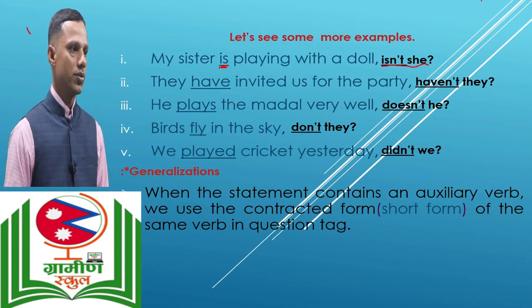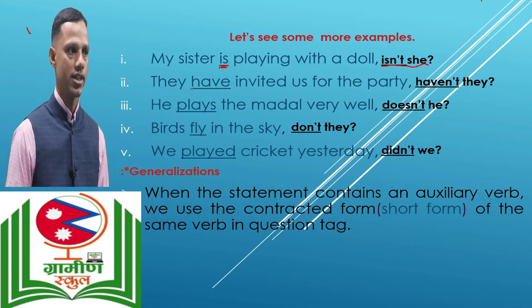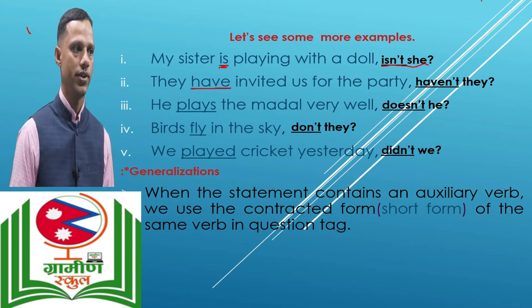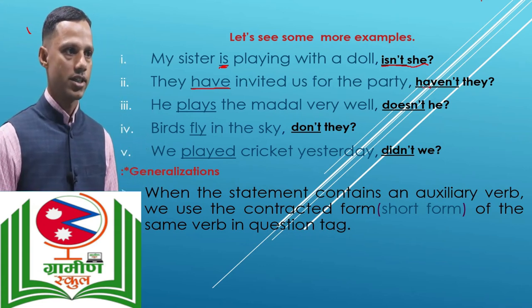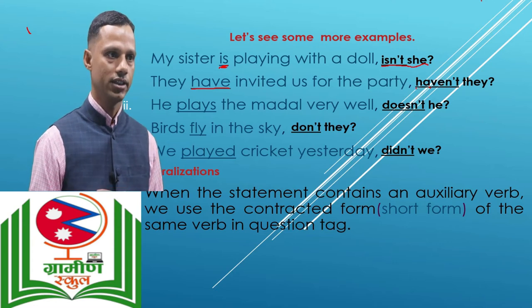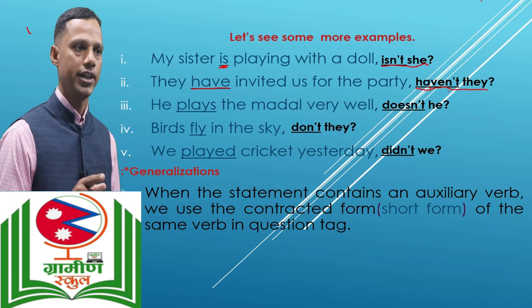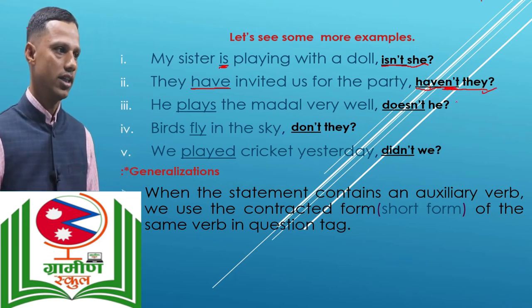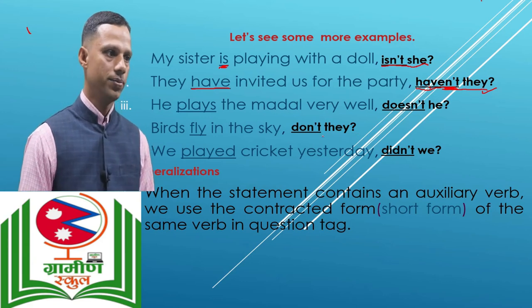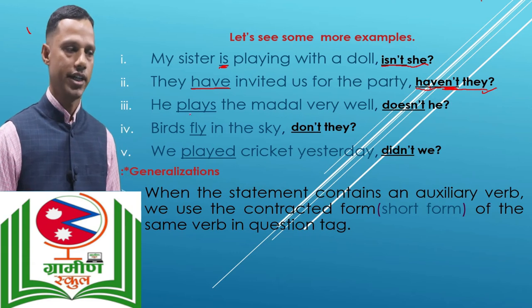Next, the second example we have, they have invited us for the party. Notice have. We have the auxiliary verb have. Now we can make the question tag of this, haven't they? Have is in affirmative form. Now we have made it negative, haven't, right? Now let's see the third. Number III, he plays the marble very well, doesn't he?